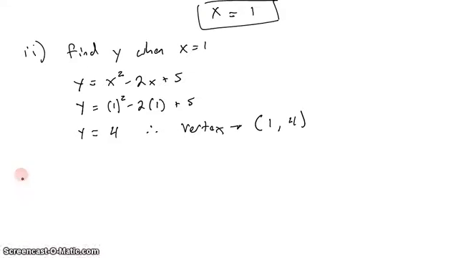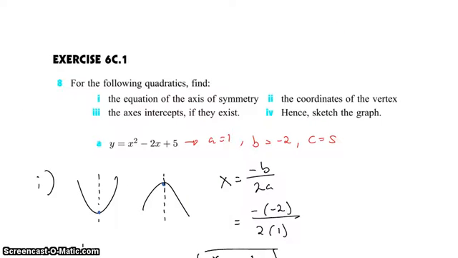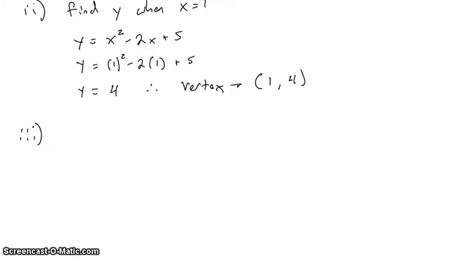All right, part 3, I'm asked to find the axes intercepts, if they exist. So to find the y-intercept, all I need to do is let x be equal to 0.